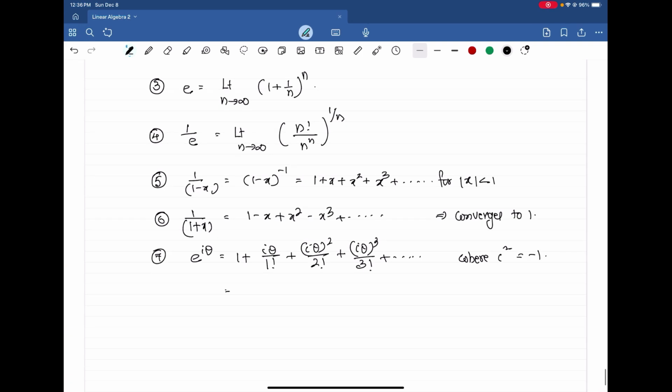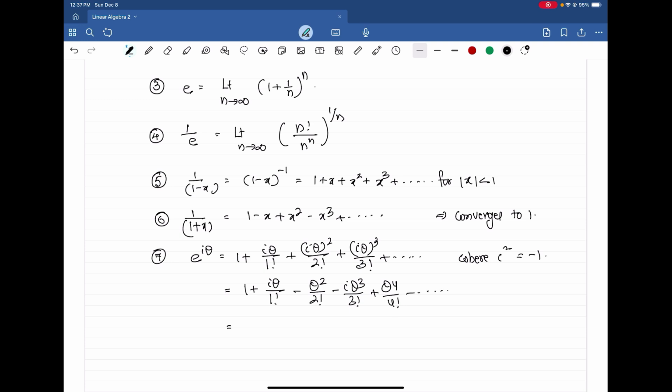This will be 1 plus i theta by 1 factorial minus theta square by 2 factorial minus i theta cube by 3 factorial plus theta to the power of 4 by 4 factorial and so on.